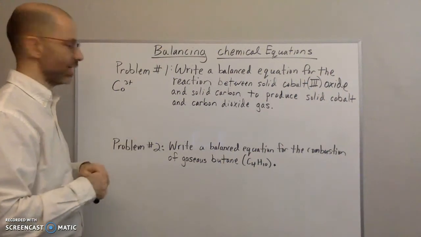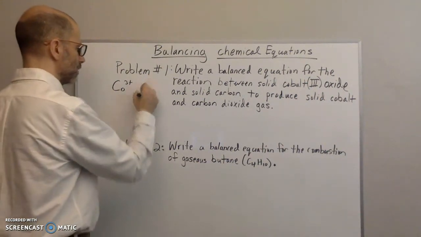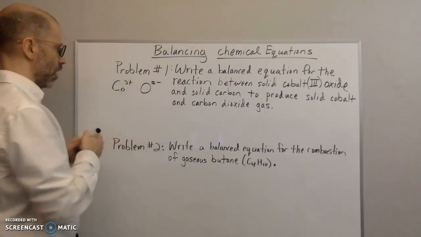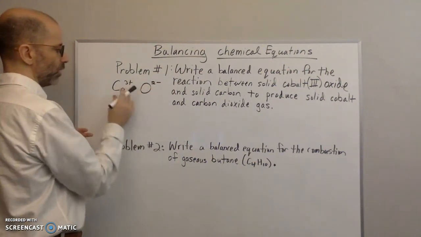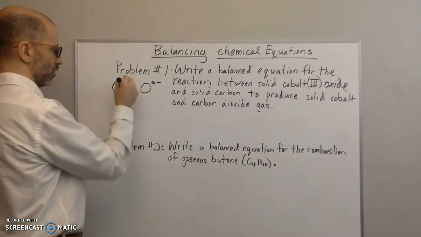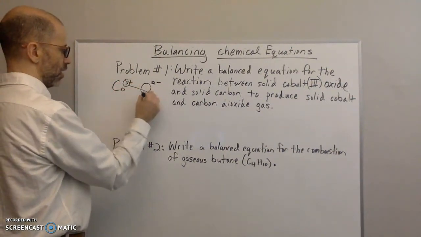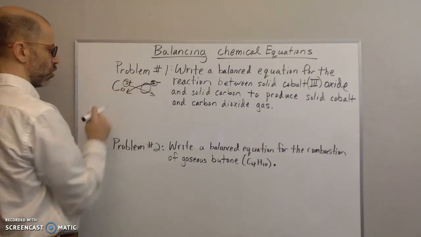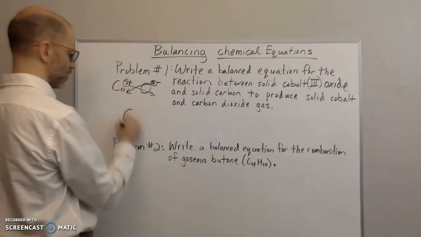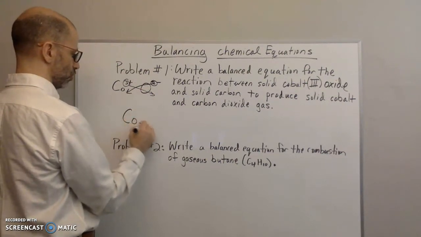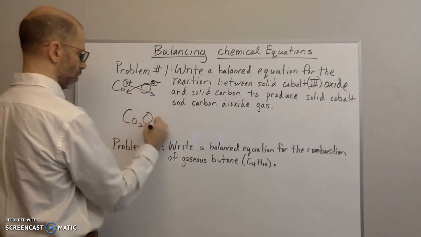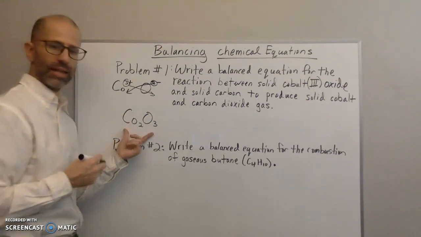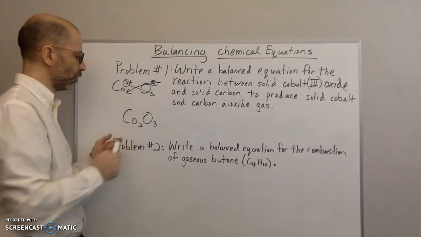So 6 minus 8 is -2, so the oxygen is going to have a 2 minus charge. To find the formula, I just do the crisscross method. I have a 3 here, put that there as a subscript, take the 2, put it by the cobalt as a subscript, and I get Co2O3. That's the formula for cobalt-3 oxide.